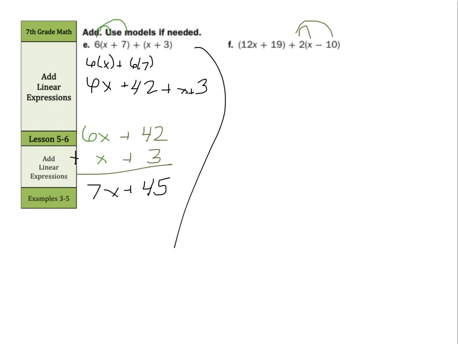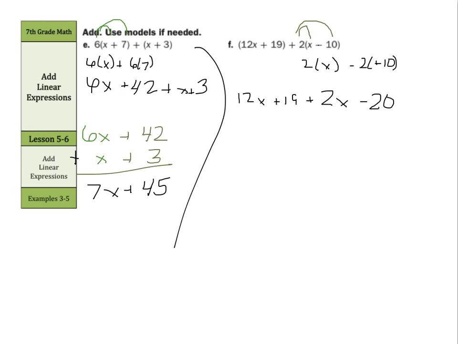So we have here 2 times x, and 2 times 10, included with the subtraction there. So we would have 12x plus 19, and 2 times x is a plus 2x, and 2 times negative 10 is just a minus 20, negative 20.